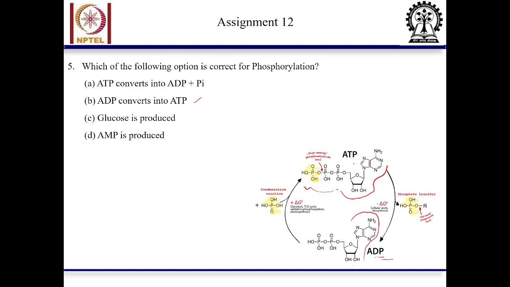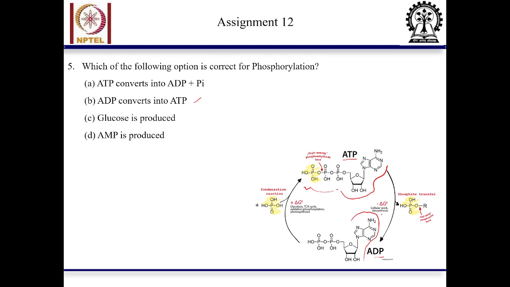Now this is the higher energy state. What will happen when hydrolysis of ATP happens? One phosphoric acid will be released, and this will give the energy for your body to work.